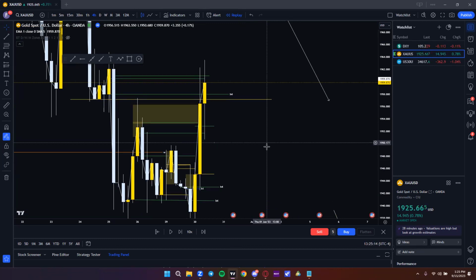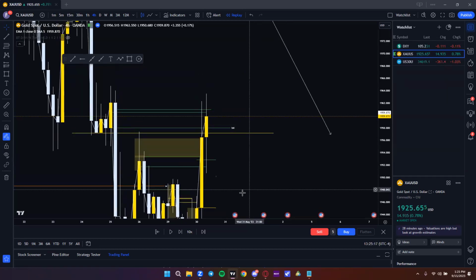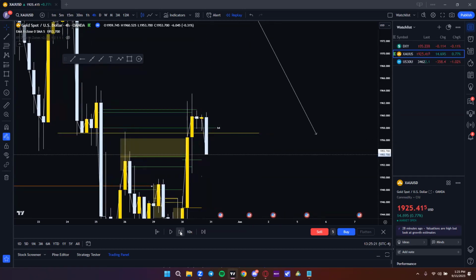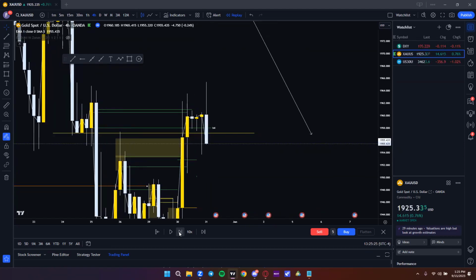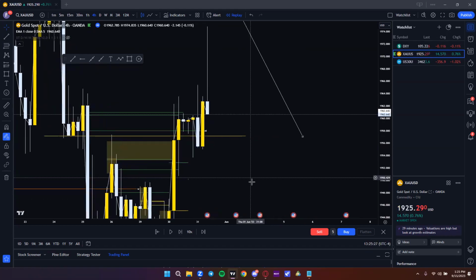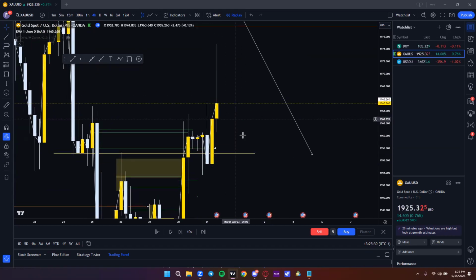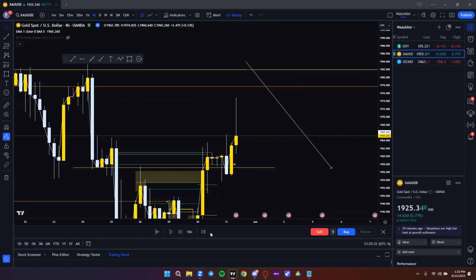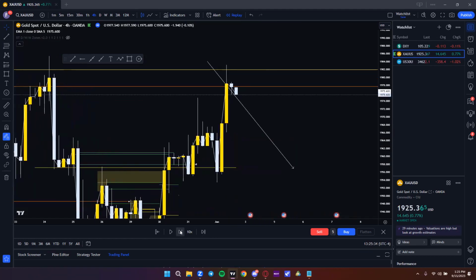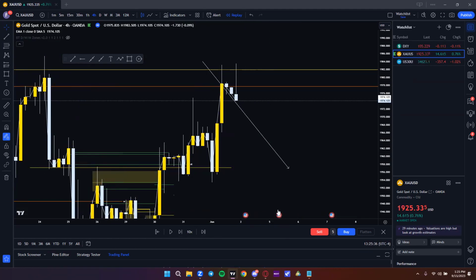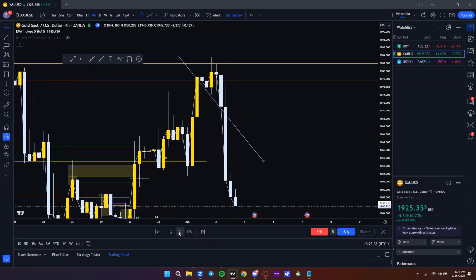Okay, so moving forward, we see that we have a breakout. We get a retest of that level, and then price continues to go up to our source points, and we drop down from there.